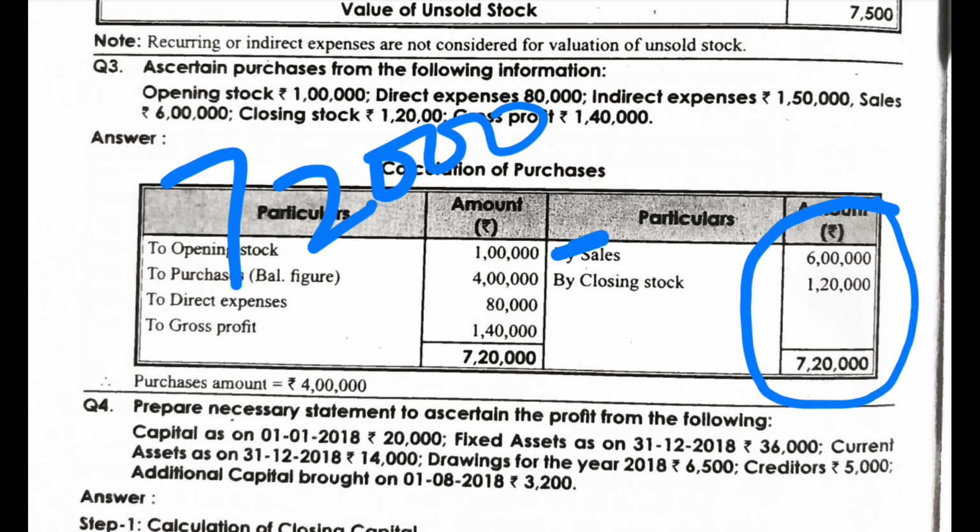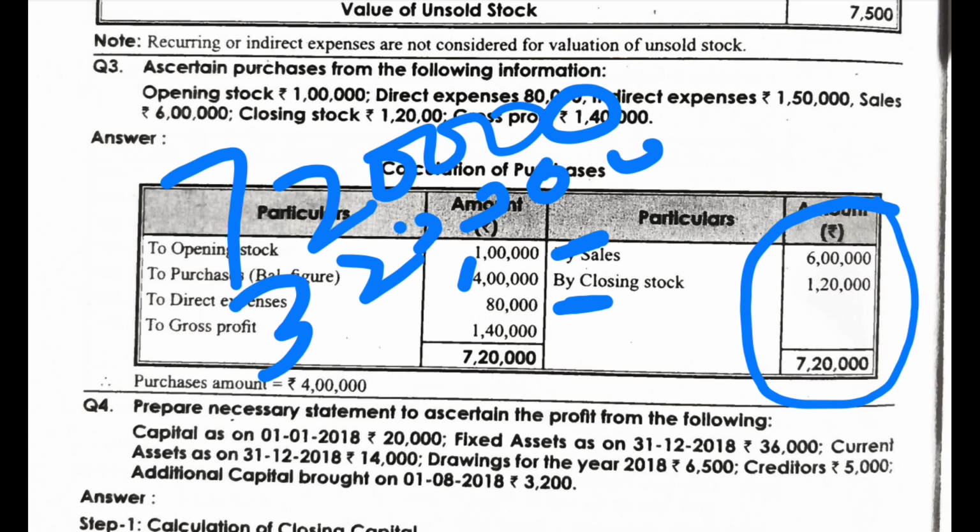How to find this answer, I am showing you. Opening stock we take 1 lakh, direct expenses 80,000, and gross profit 1 lakh. Add these three amounts and you will get 3 lakh 20,000. So 7 lakh 20,000 is what we are getting on the credit side, and from there you have to subtract 3 lakh 20,000.